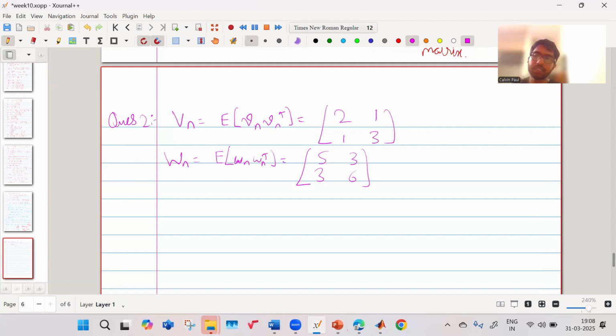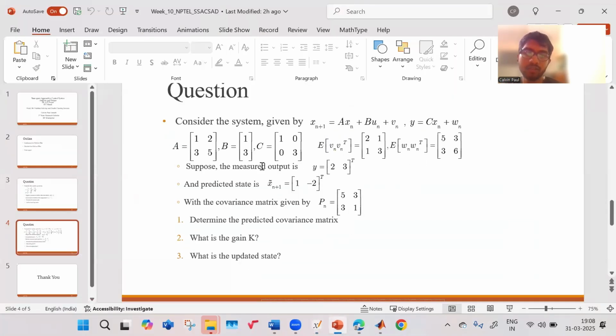So you must remember that these will be symmetric matrices. Okay, the off diagonal elements will be symmetric. You must make sure it will be.